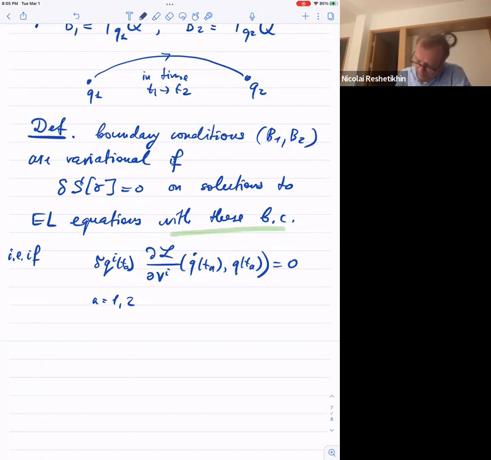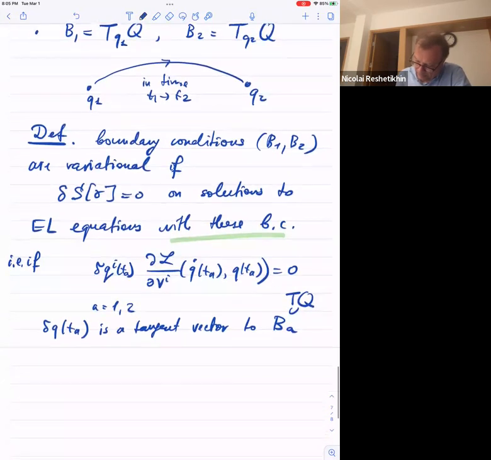It means that delta q at T_a is a tangent vector to the boundary manifolds B_a. So remember that a boundary condition is a submanifold in the tangent bundle.